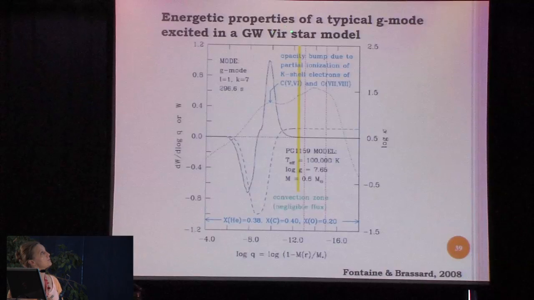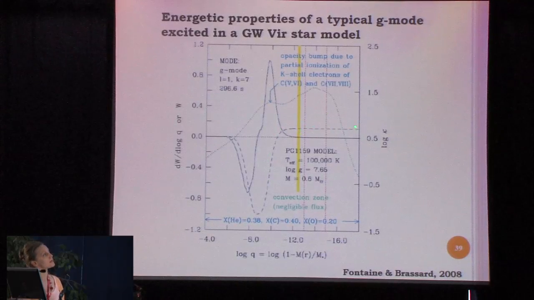About the W Virginis star. These are energetic properties for one of the typical modes excited in this model. This is an L equal 1, N equal 7 mode. Here you can see the differential work integral and the running, or cumulative, work integral.